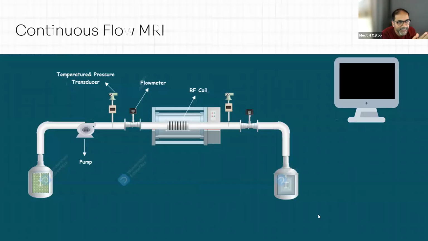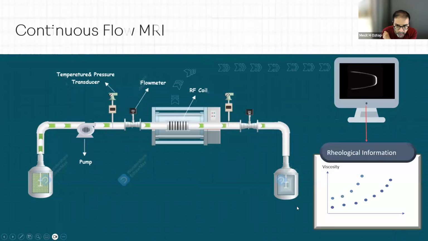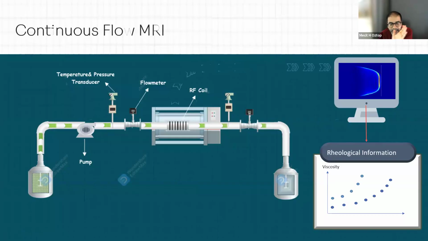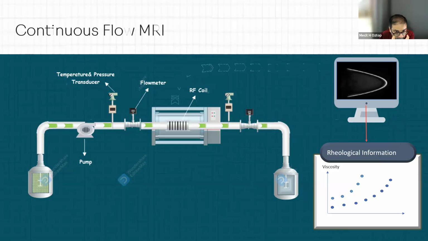Okay, so this is in fact the simulation of our MRI system that we have set up in our lab. So let me also show this animation. Okay, so here the fluid is pumped from a reservoir, and then you see in the center our magnet, and there is a certain area in the RF coil that we are imaging.